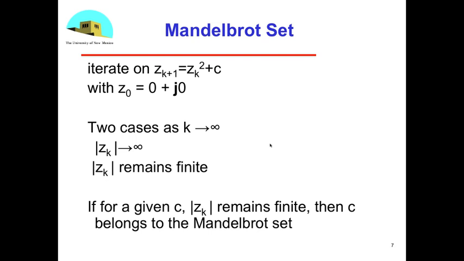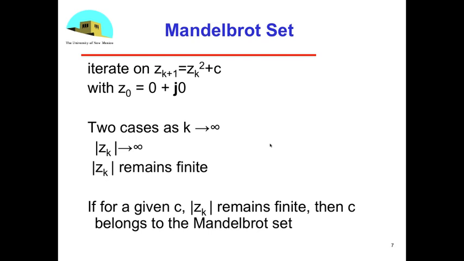Now, we may not be sure. We may do a lot of iterations and not be sure if it goes off to infinity or not. Some of the most interesting features of the Mandelbrot set occur when you're not sure of what the eventual result is.